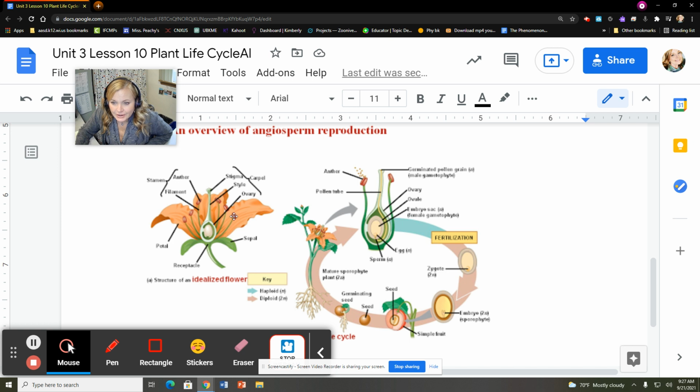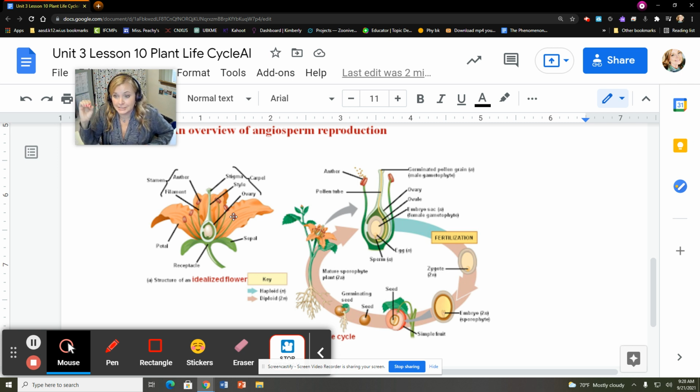In the anther and the stamen over here, the stamen is the anther and the filament. So the filament here and then the anther's on top. Pollen is produced, and pollen contains sperm, and that is produced by the male gametophyte. Again, microscopic. So the male gametophyte produces pollen.